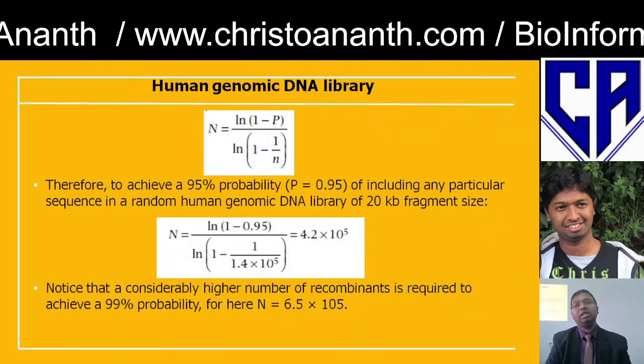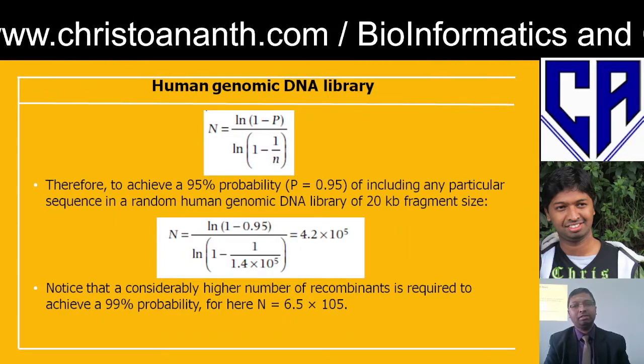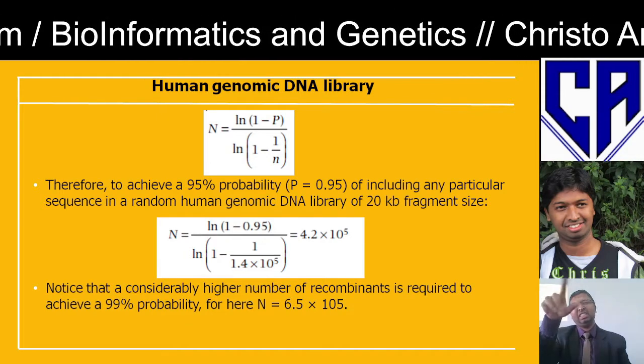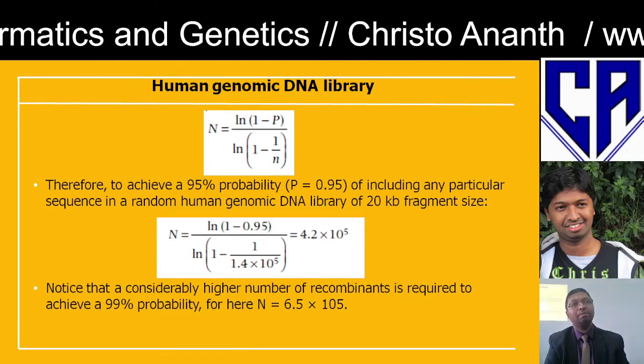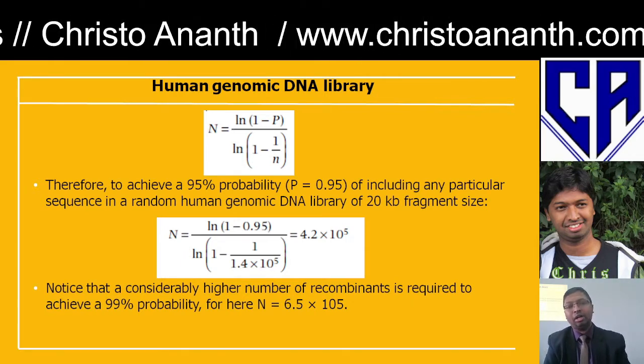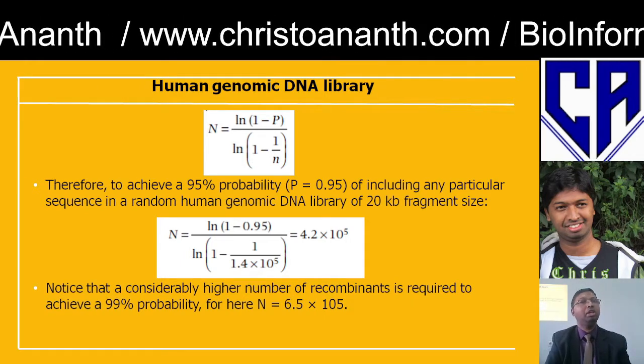For the human genomic DNA library, we will calculate the value of N. N is equal to ln(1 − P) divided by ln(1 − 1/n). Note it is not log, but ln.